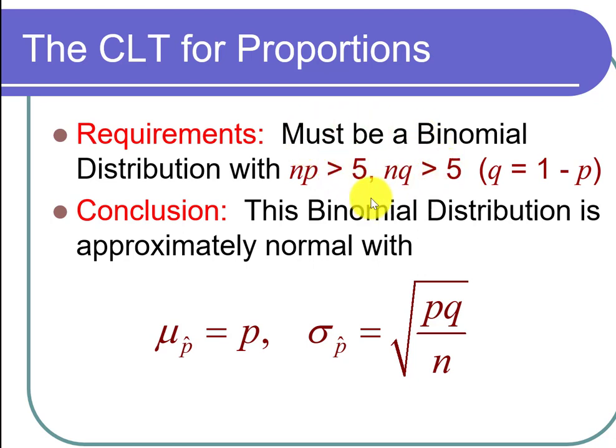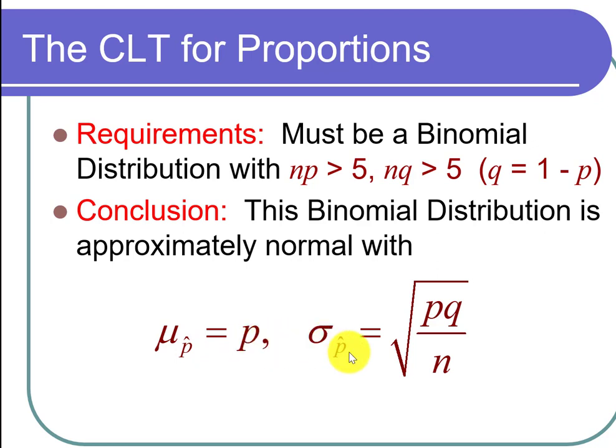If this is the case, then the binomial distribution is approximately normal with mu sub p hat, where p hat is the sample proportion, so the mean of all possible sample proportions is equal to the population proportion.